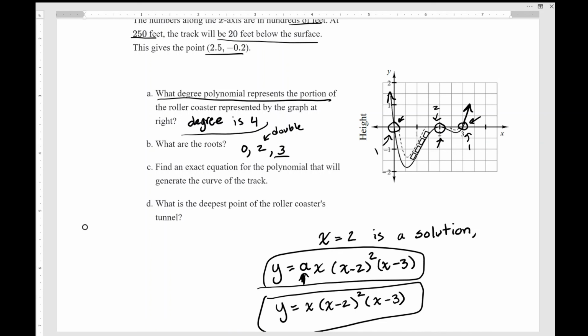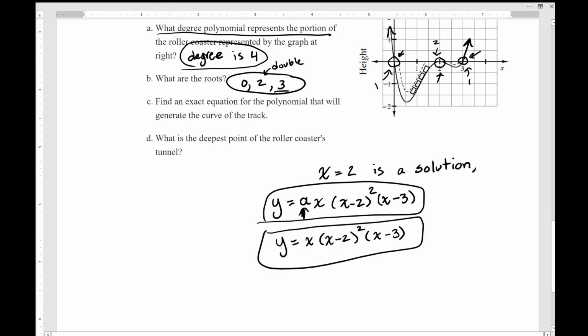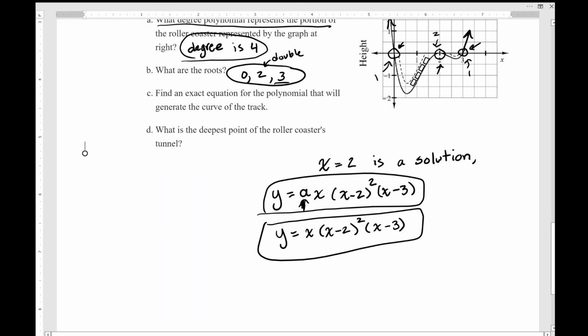The degree is very important, the degree and the roots. Those two pieces of information are very important when we want to come up with equations.